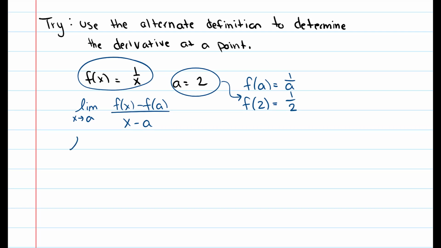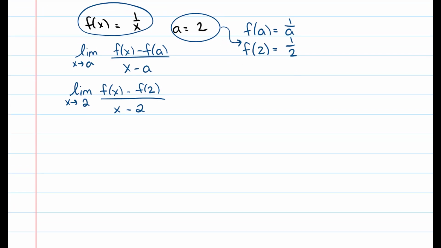And so now we're going to write this as the limit as x approaches 2 of f of x minus f of 2 divided by x minus 2. So this becomes the limit as x approaches 2 of 1 over x minus 1/2 divided by x minus 2. And if we were to plug in 2 for x right now, we would get 0 over 0, which again we can't work with.